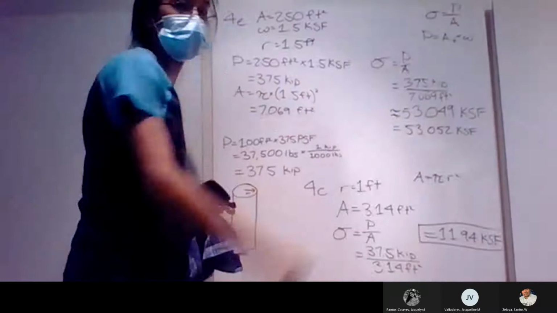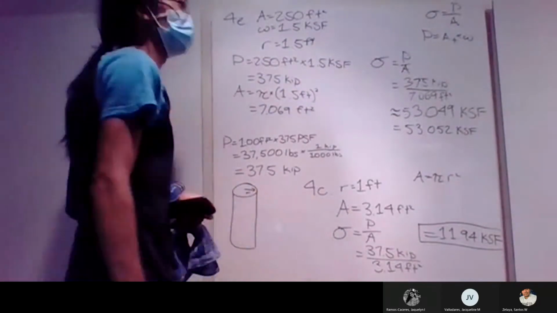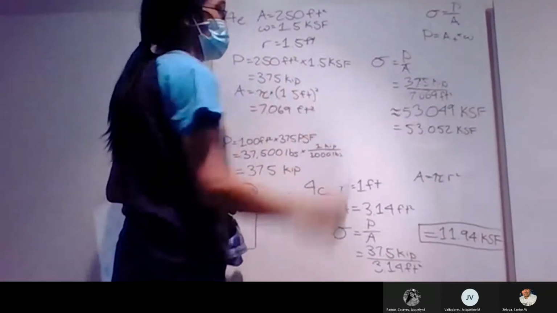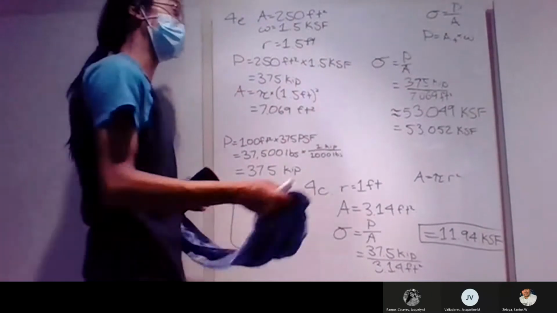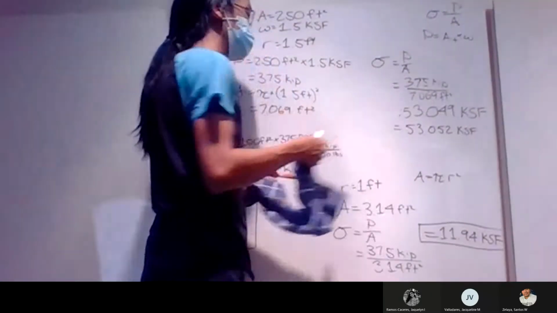So you see these are very similar, but because of the inaccuracies of just using 7.069, the numbers are going to be slightly off. It shouldn't matter which one you use.